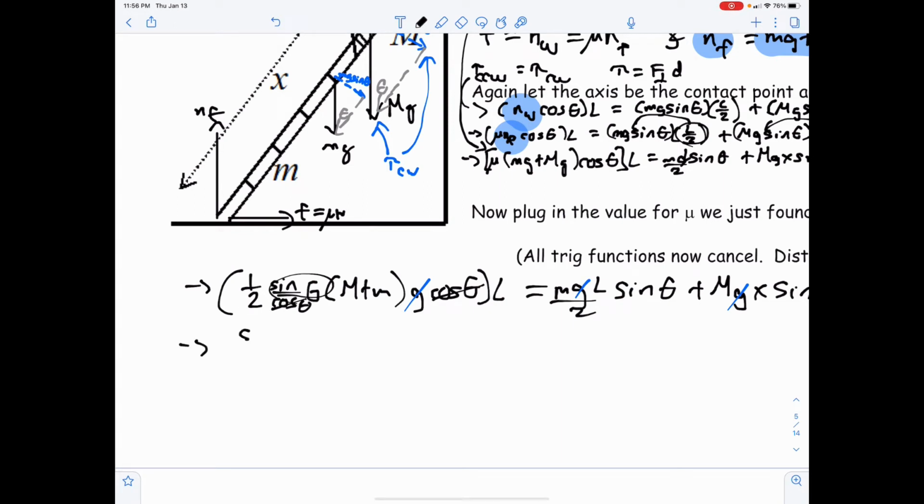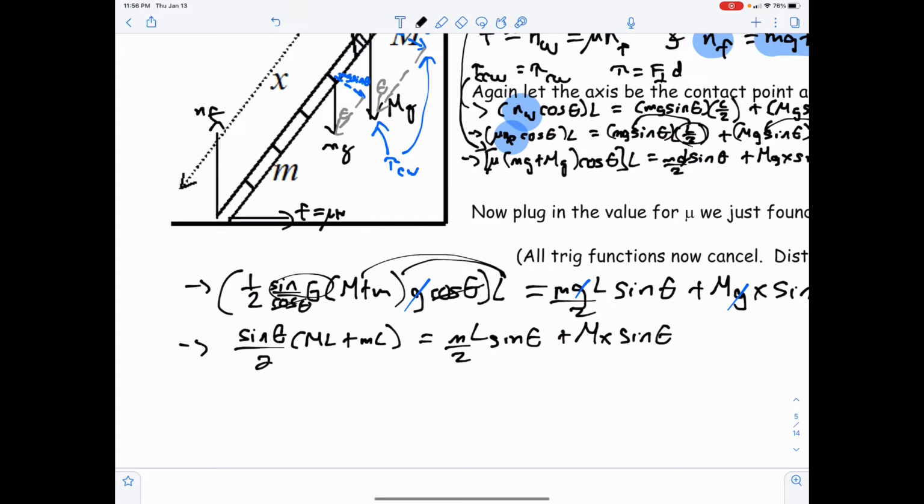So in the front, I've got sine of theta over 2 times, and I'm going to distribute the L to both parts, so big ML plus little mL. That whole thing is on the left side. And on the right side, we've got little mL over 2 sine theta plus Mx sine theta.